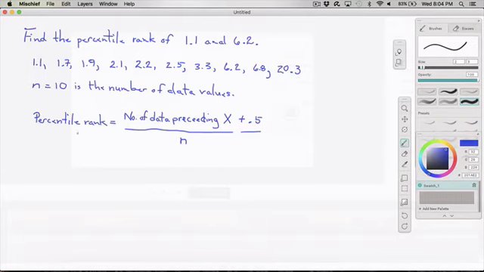And I should probably have over here percentile rank of X.